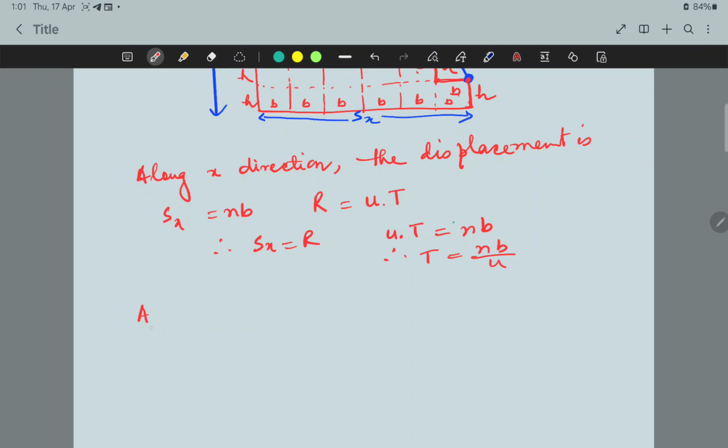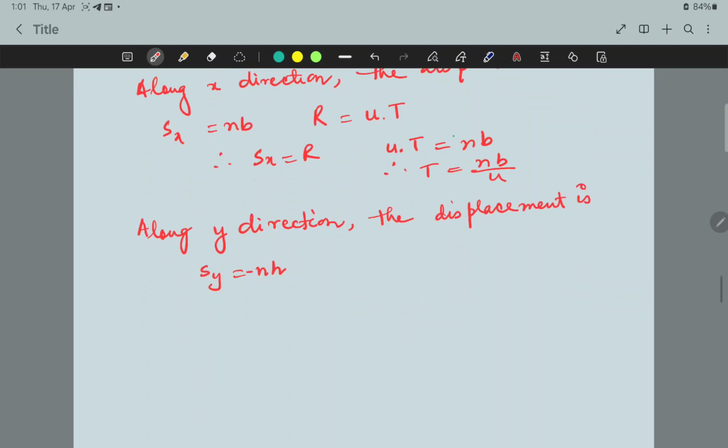Now along the y direction, since this type of motion is a 2D motion, we need to find the motion in two directions, x and y. The displacement is taken as sy, which will be equal to nh with a minus.